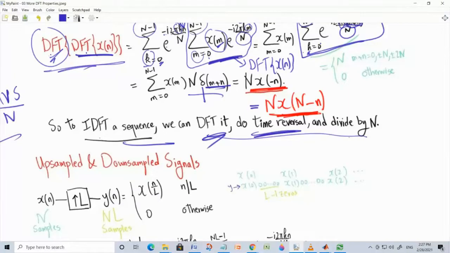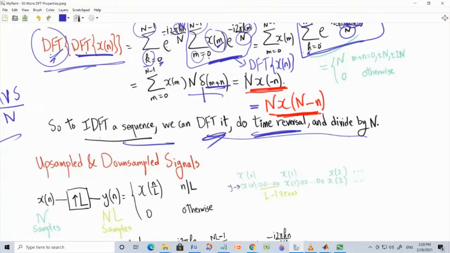Why? I mean, just do the IDFT. Well, some hardware is like this. They allow you only to do the DFT, or the opposite, by the way, you can just do the IDFT, not a problem. The DFT and IDFT are very closely related, and if you have a signal, you can obtain the DFT from the IDFT and vice versa.